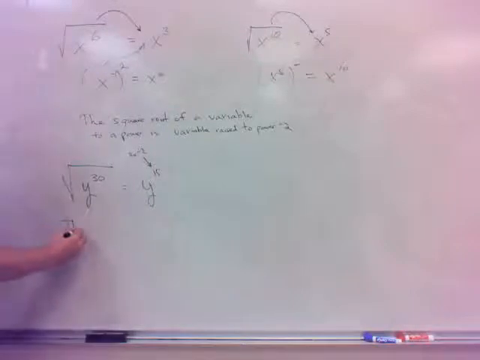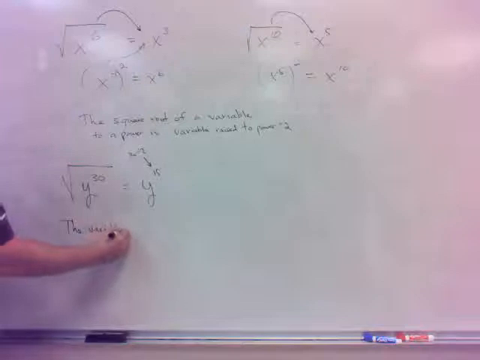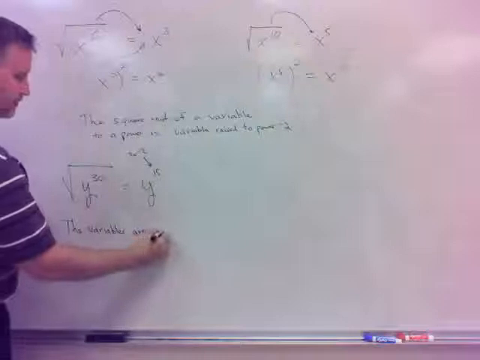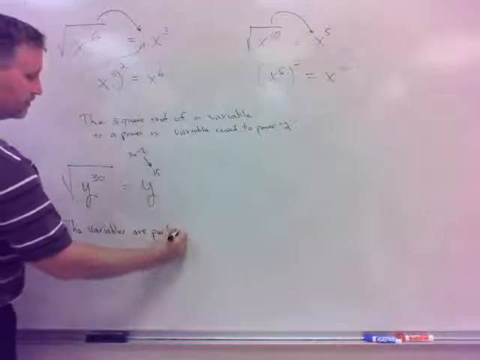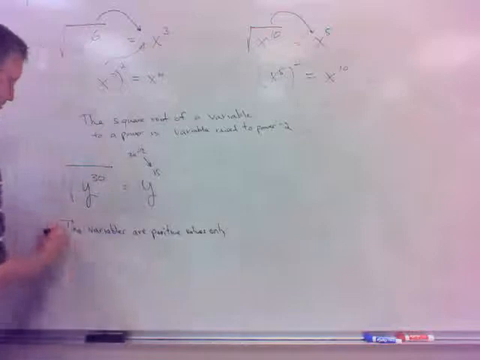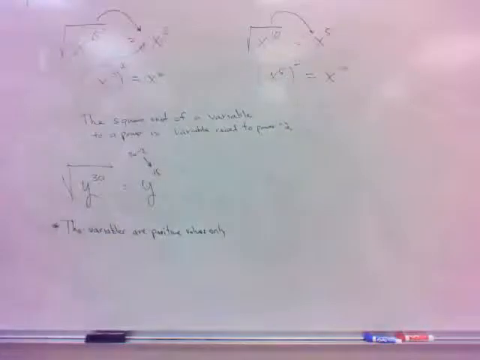For the most part, the variables for these only have positive values. But just a little side note there. We could get more technical about it, but for now, we'll just make that little note. Okay. All right.